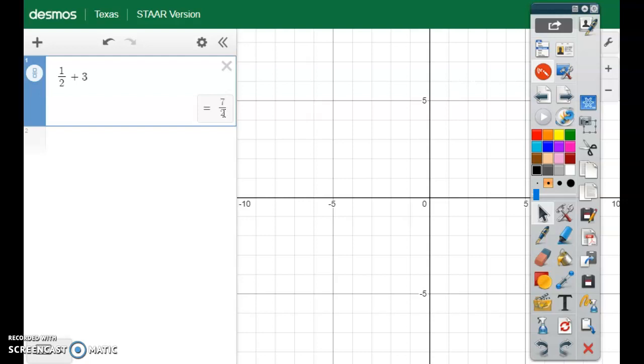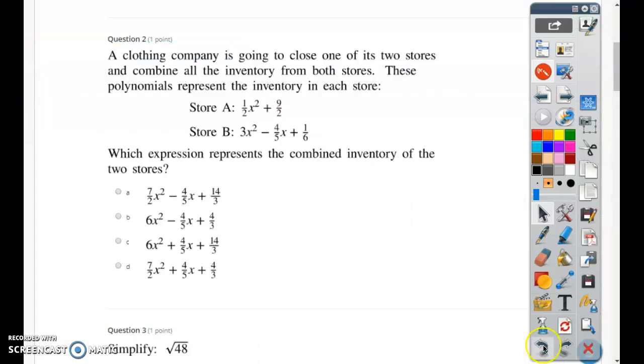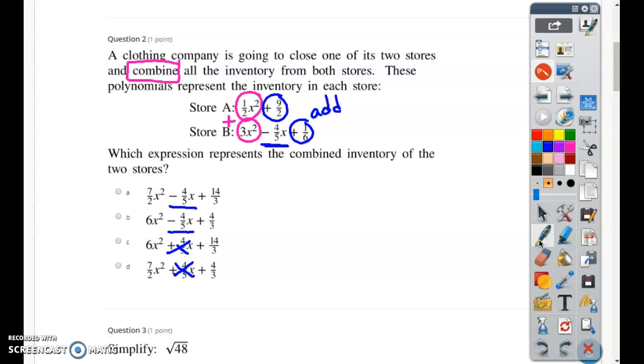Okay, so look at your answer choices. 7/2 x squared minus 4/5x. And then you combine these two. You can put those two in Desmos.